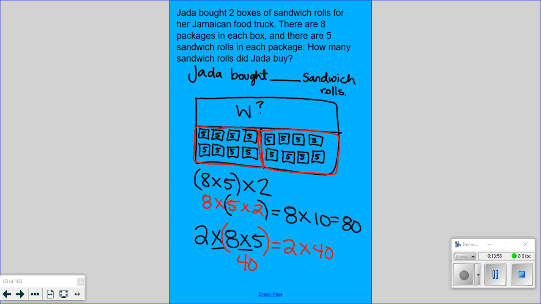I don't have 40 up there. Tegan, how'd that happen? Yeah, I solved 8 times 5. Equals 80. Hey, that's the same value I already got.